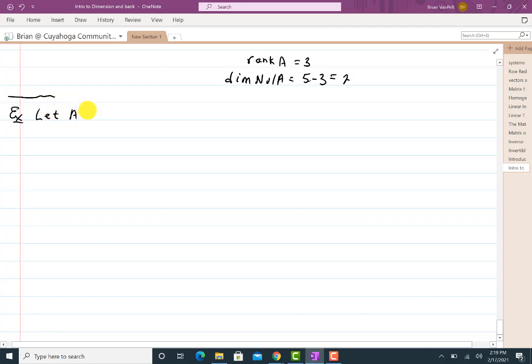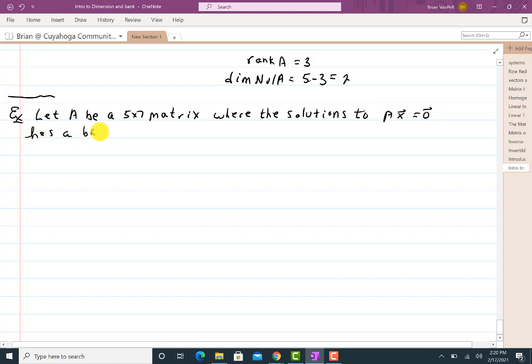Let A be a 5 by 7 matrix where the solutions to AX equals 0 have a basis of 3 vectors. What is rank A?